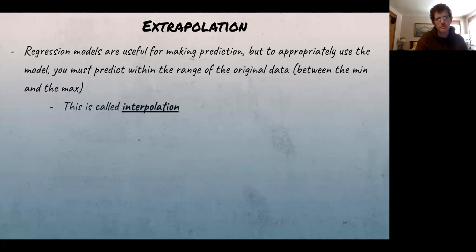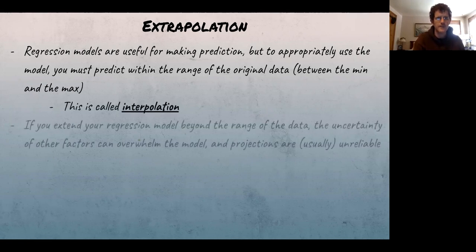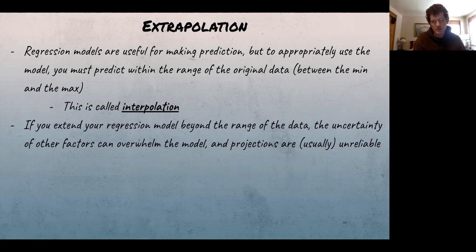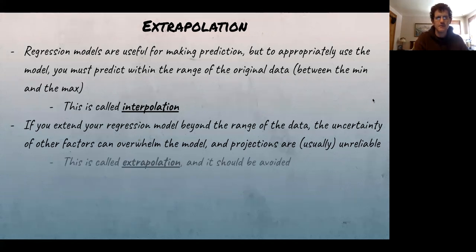And that is called interpolation. You've probably heard that term before. But if you decided to extend your model beyond the range of the data, you're introducing uncertainty. And we don't know what's happening beyond your max because we don't have data on it. So we can only guess. And if you go too far away, it can be very unreliable, and that's called extrapolation. Generally speaking, it should be avoided.